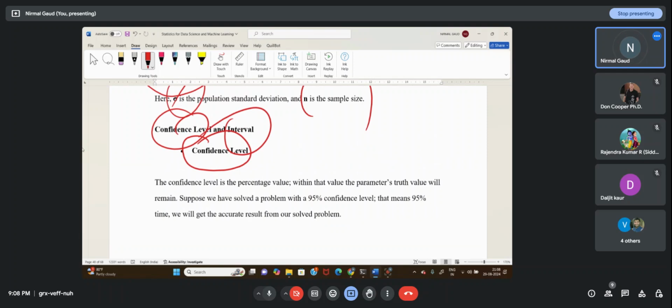I told that hypothesis is a statement. You have to collect a sample of data to test the hypothesis, to test the statement. I require something to test. So you have to collect a sample of data to test this statement, whether it is correct or not.